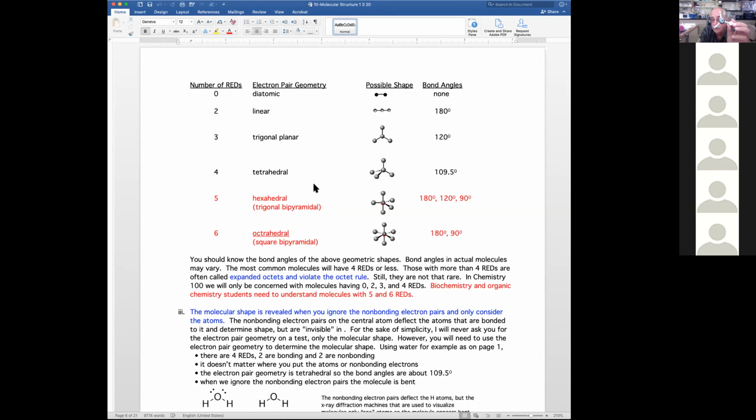So can we say the bond angle is 0, or do we have to say none? Well, it's preferred to say none, because if you say 0, that implies something else, I guess. But none or 0, I guess, is fine.